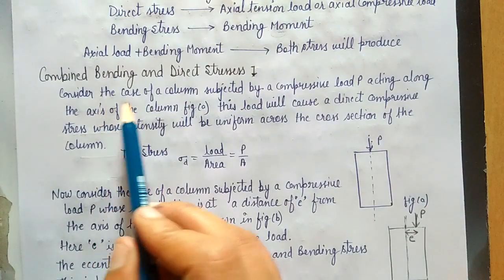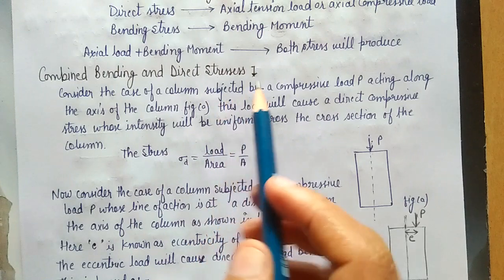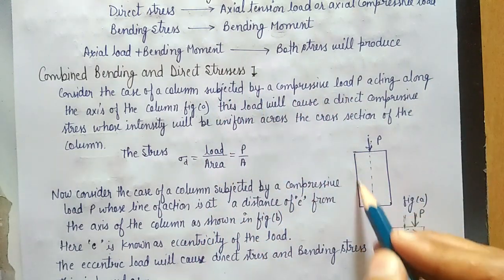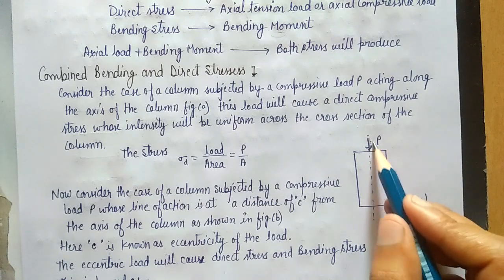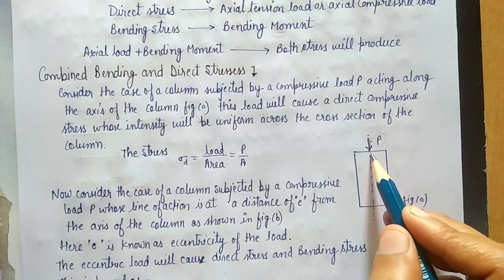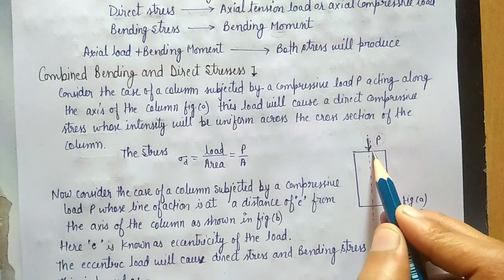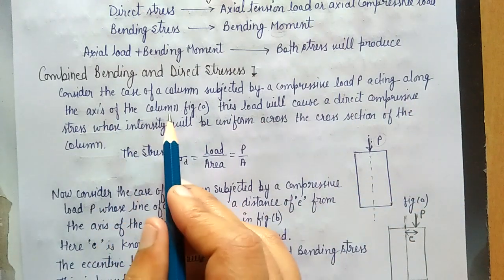So consider the case of a column subjected to a compressive load. Here this is a column, it is subjected to a compressive load P, right? It tries to compress this member, acting along the axis of the column.